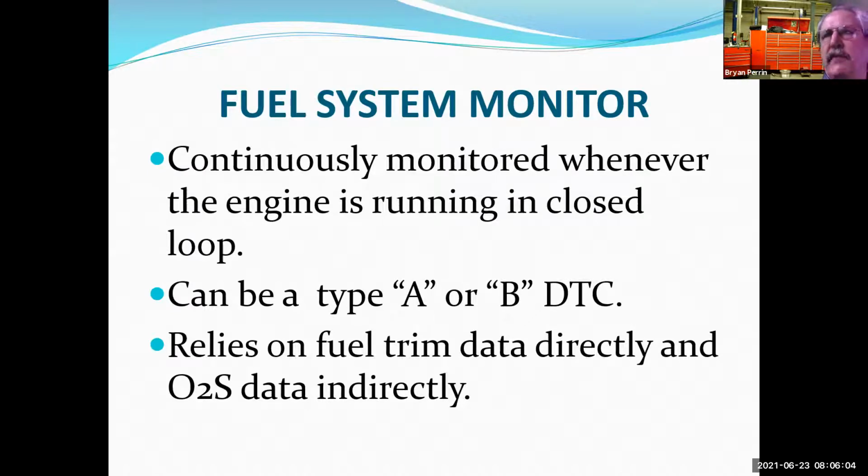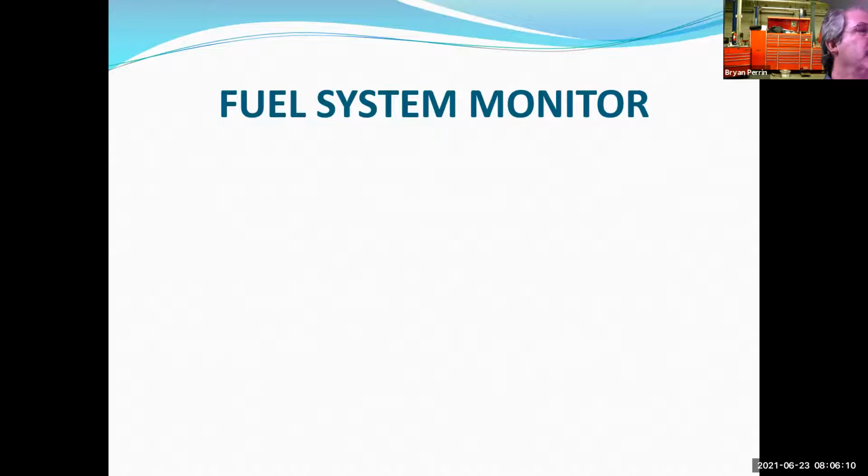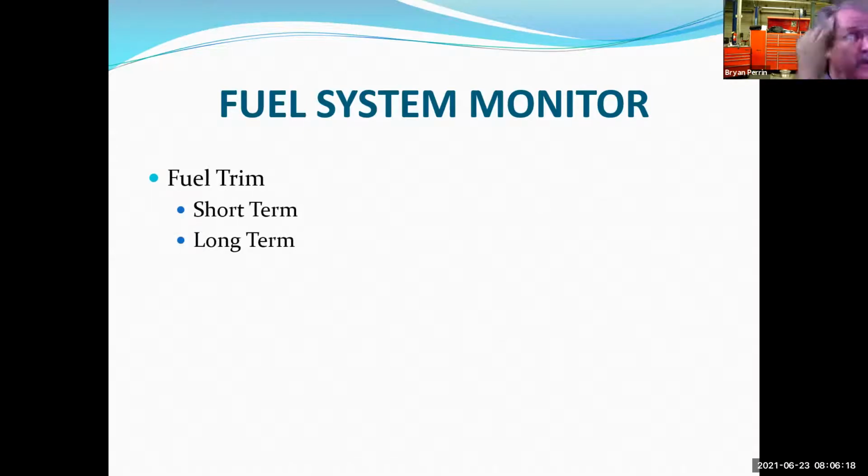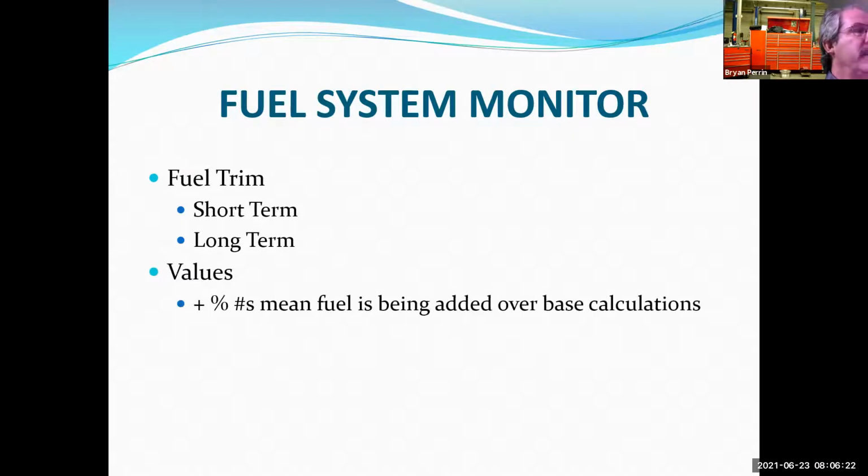We're watching the effort that it takes to have the O2 sensor move and function correctly. So we have short-term fuel trim and long-term fuel trim that we use for our fuel trim monitor. Values are in percentage, so we see plus or minus percent, which means the percentage of fuel being added or the percentage of injector on time being changed.